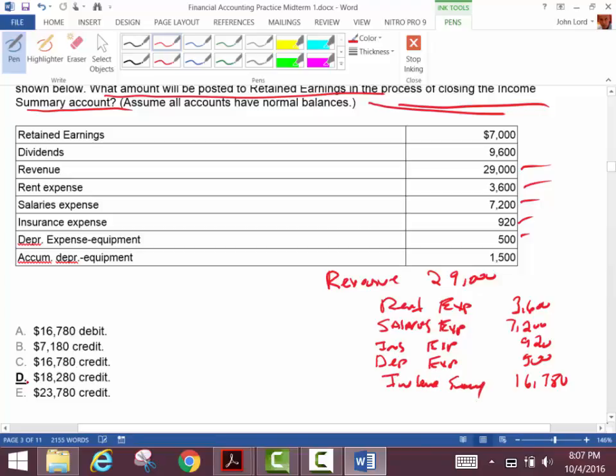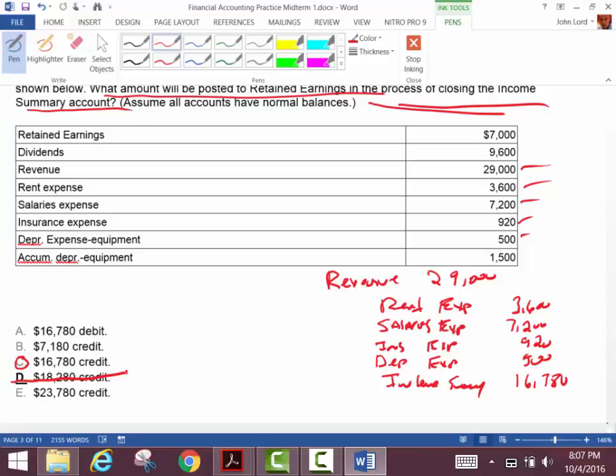I have no idea why the test bank thought that D was the right answer. It is not. What the test bank did was they closed accumulated depreciation. You don't close accumulated depreciation. It rolls forward period after period, doesn't it?